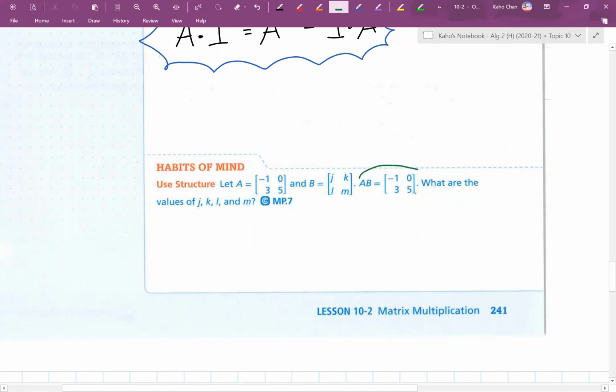They tell you A is a 2 by 2, B is a 2 by 2, and as a clue, when you multiply A times B together, you'll get this particular configuration, -1, 0, 3, 5. So we're going to manually multiply these together and try to solve for J, K, L, M. Let's do it.